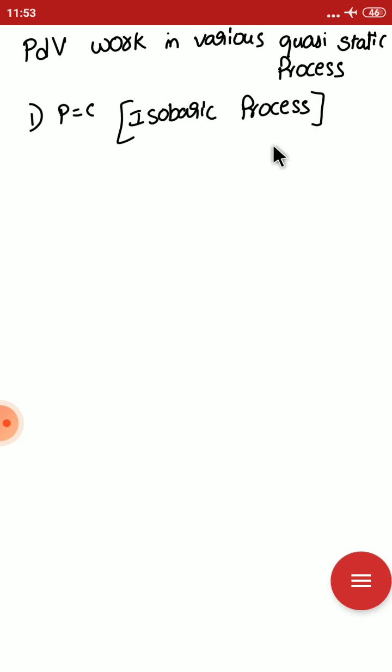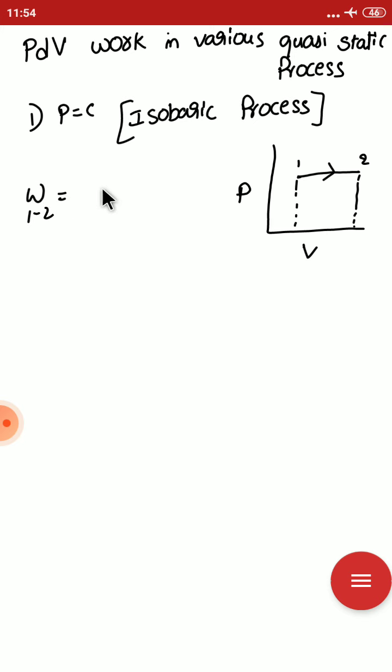So on the PV plot, the pressure is constant. This is the pressure coordinate. Process 1 to 2: the area under the curve represents the work done in process 1 to 2.